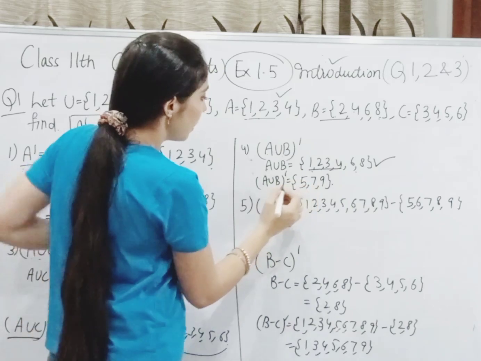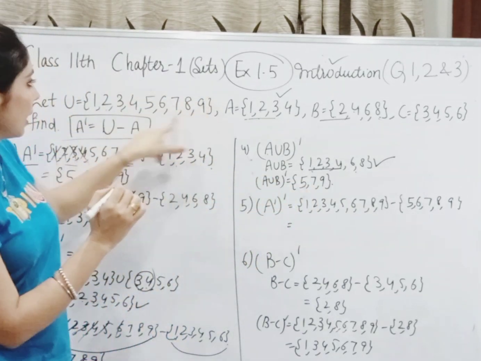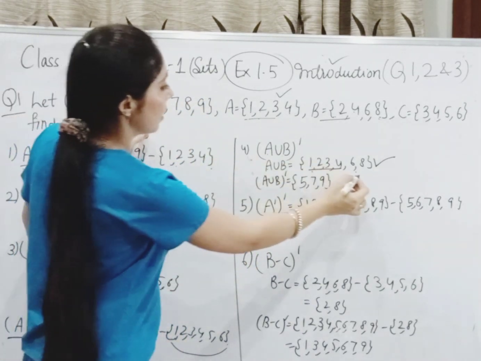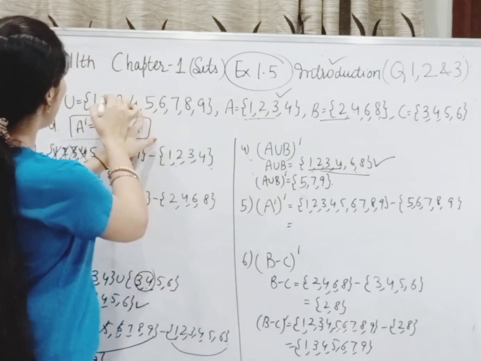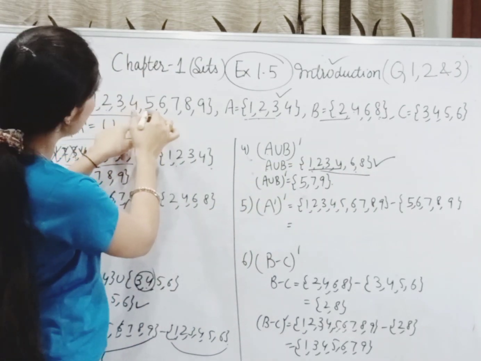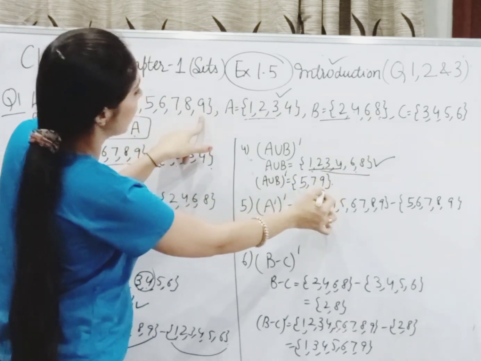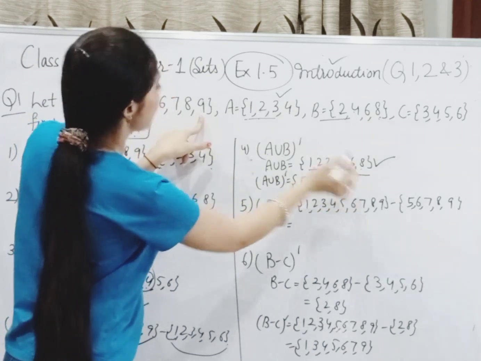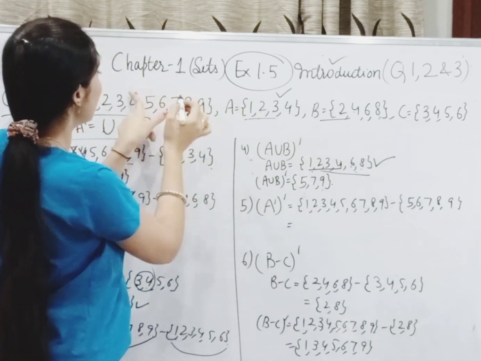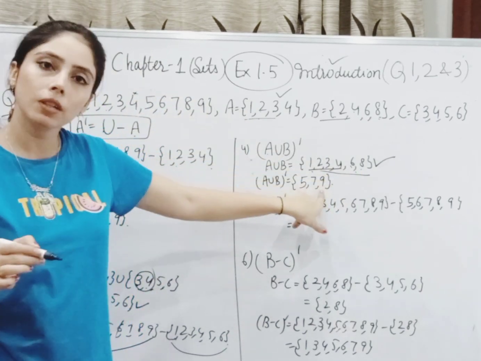This will be those elements of the universal set which are not in this union. So 1, 2, 3, 4 will be discarded. 5 will be here, 7 will be here, 9 will be here, because 4, 6, 8 are in the union. So these will not be elements of the complement.